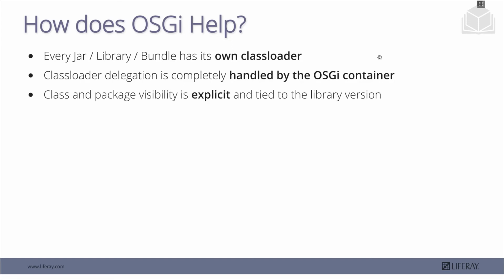So with this whole conversation of class loading and class loading errors, how exactly does OSGi help us in this situation? What's unique about OSGi is that every bundle has its own class loader. In essence, when we're doing class loading with the bundle, it's going to be handled by the OSGi container within each specific bundle.